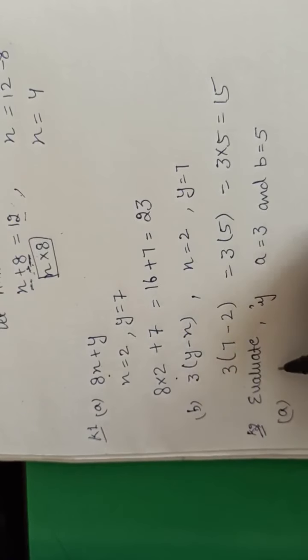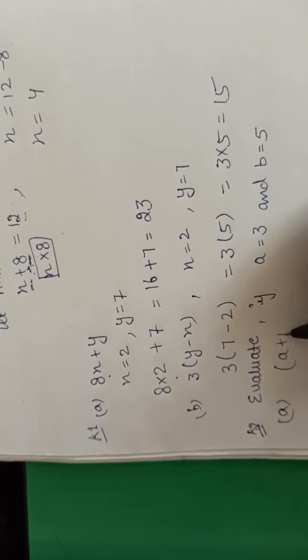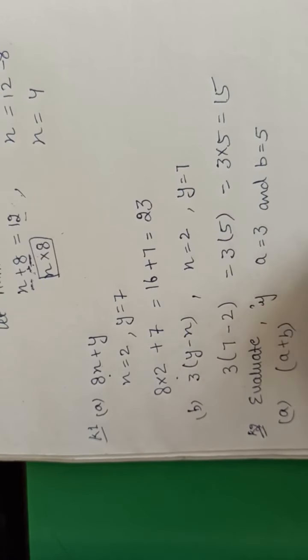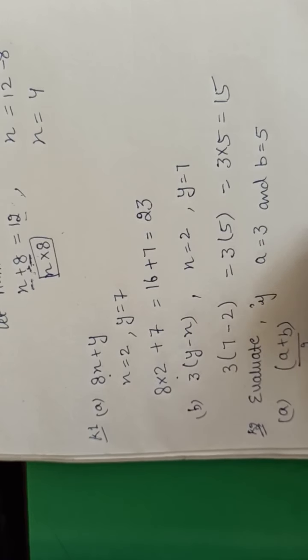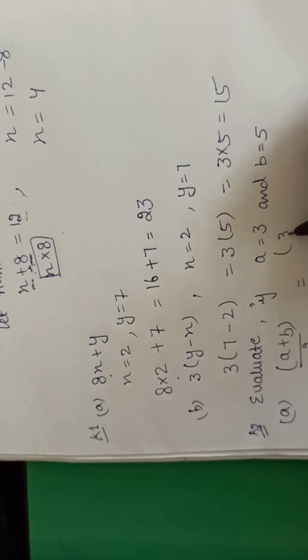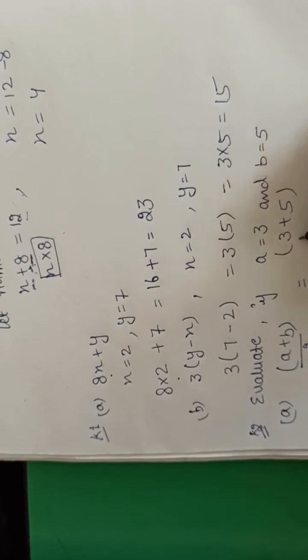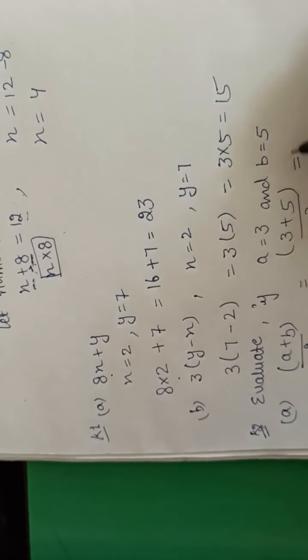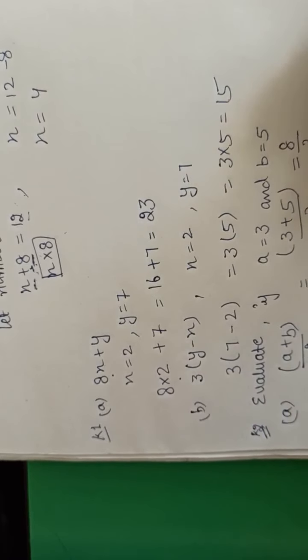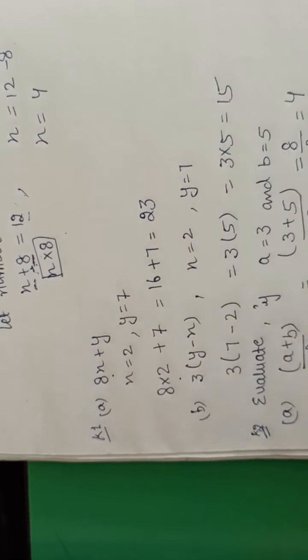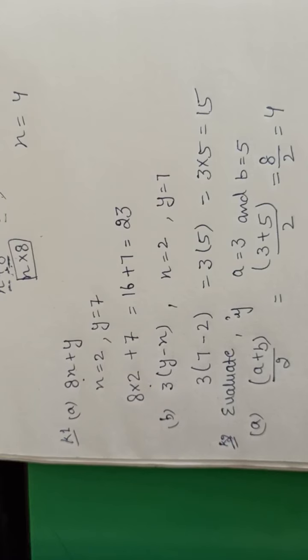In the given parts, the expressions are already given. You have to just put the given values: a plus b by 2, 3 plus 5, 8. 8 by 2 equals to 4. Right? In Q2 and Q3, all are same. You have to just do like this.